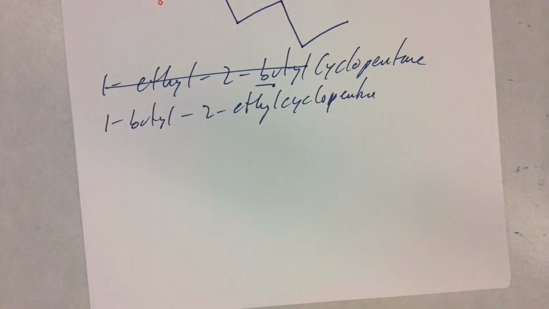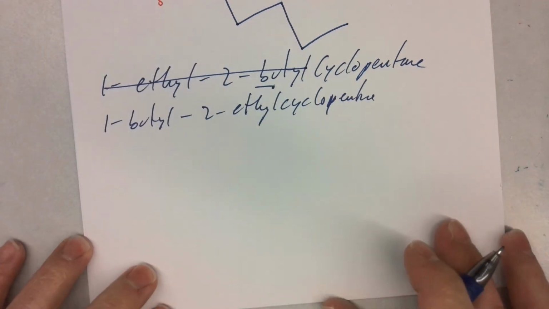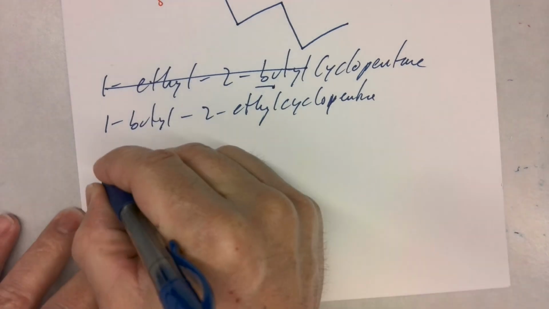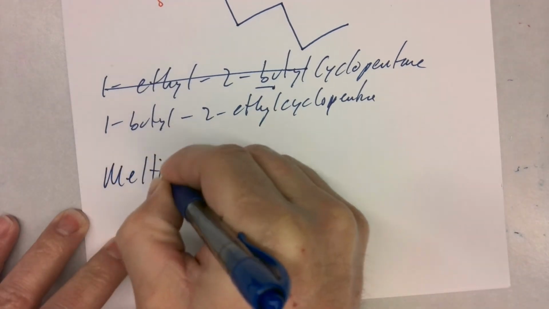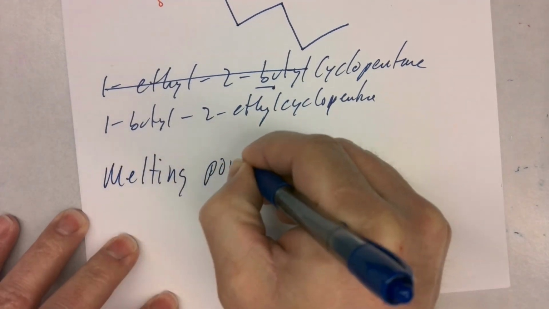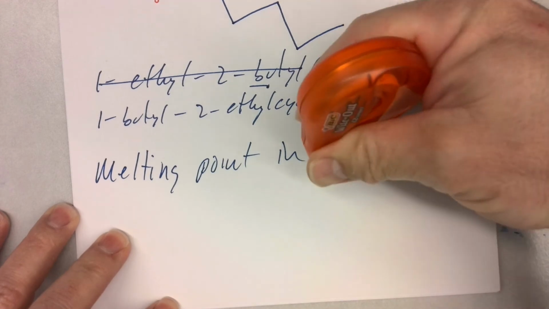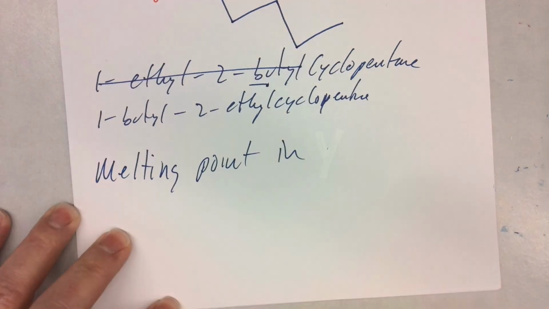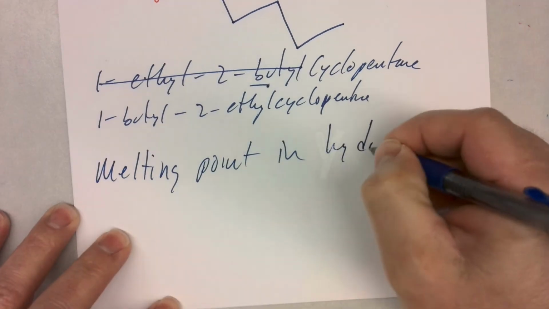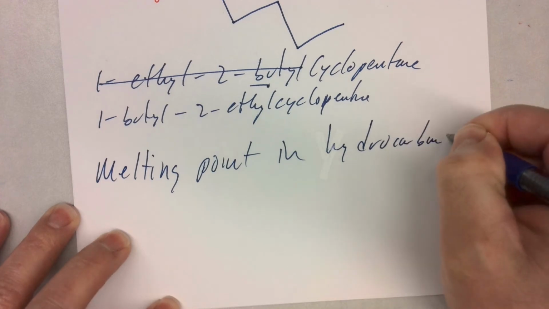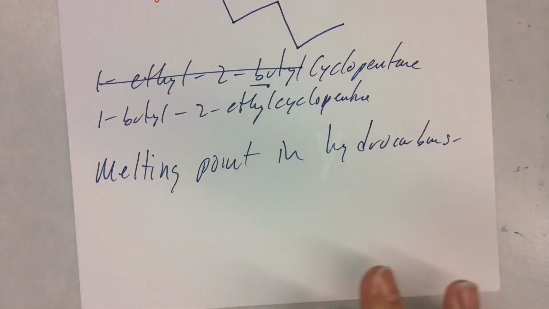Alrighty, now, a couple of things we need to discuss. First is melting point in hydrocarbons. Okay? There's a couple of things you need to look at.